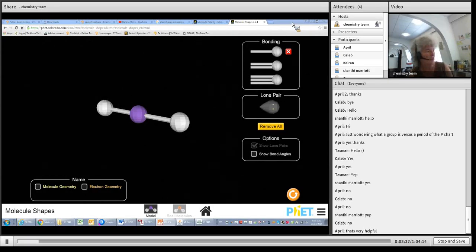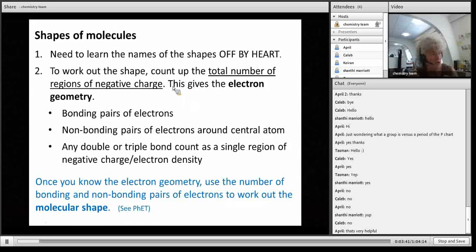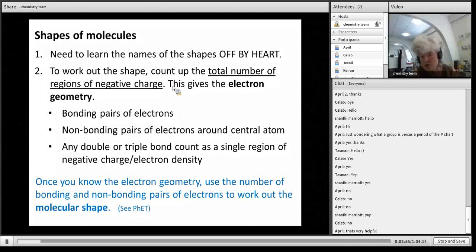The next thing you need to do when you want to learn shapes is work out the total number of regions of negative charge. This is pairs of electrons, either bonding pairs or non-bonding pairs of electrons. You count up all those pairs, and that gives you the number of regions of negative charge.